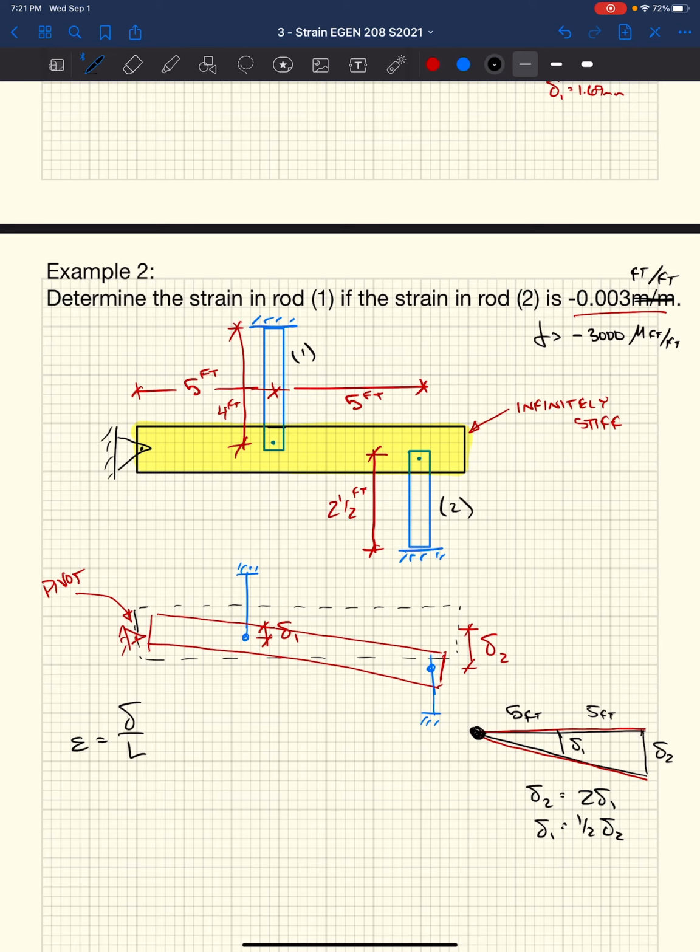Well, if we rearrange this equation for strain, we don't know what delta 2 is, but we do know the length and we do know the strain. They gave that to us. So we could say delta 2 equals epsilon 2 times L2.